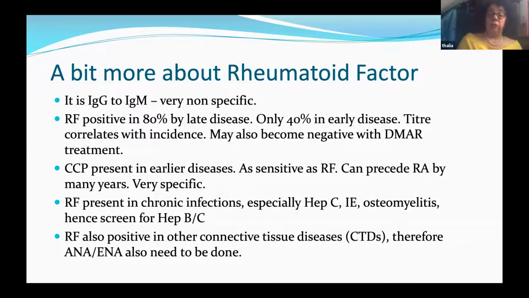Also, rheumatoid factor can be found positive in some infections. This is due to cross-reactivity. Hepatitis C, for example, patients who are suffering with hepatitis C may have rheumatoid factor.